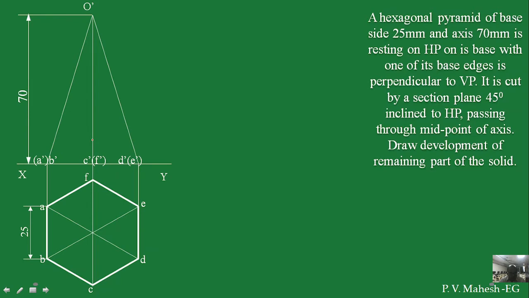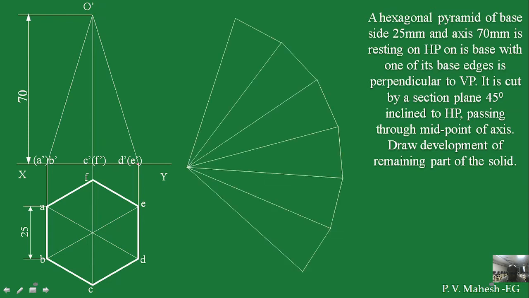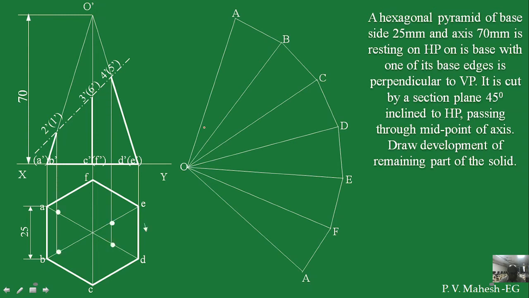Now what I have to do? I have to identify the true length of this OE, because that is required for drawing the triangles. So how to get that? Here I need to get the length OA. Don't worry, now I am explaining how to get OA.